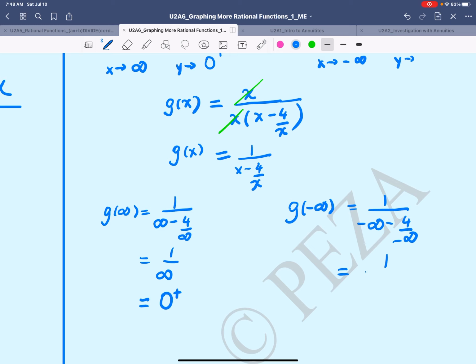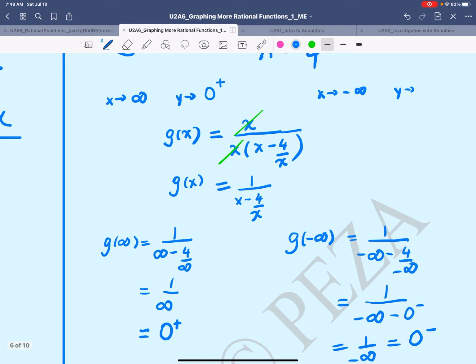So this will end up being 1 over negative infinity minus some 0 minus, which won't affect the negative infinity, the value of the denominator, and that would be 0 minus. So that tells us that as x approaches negative infinity, the y values will approach 0 from below it.